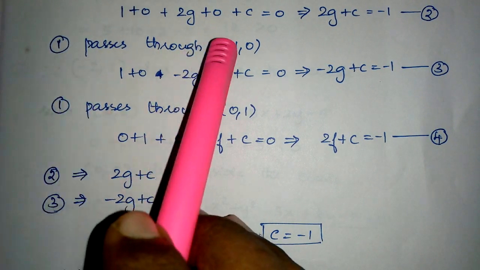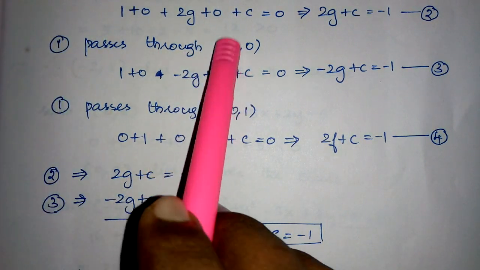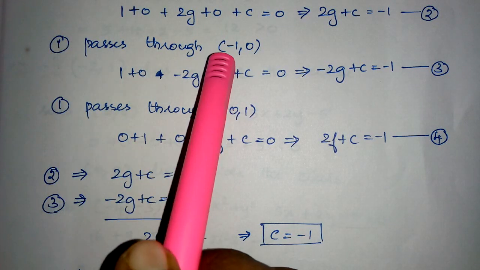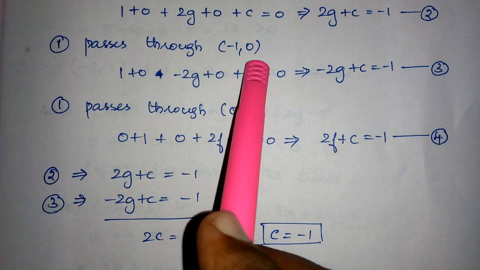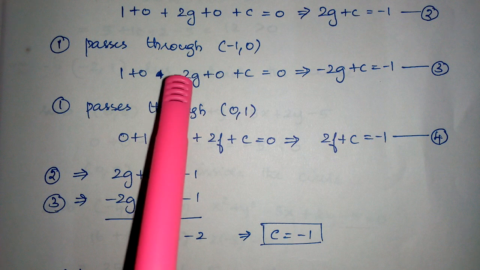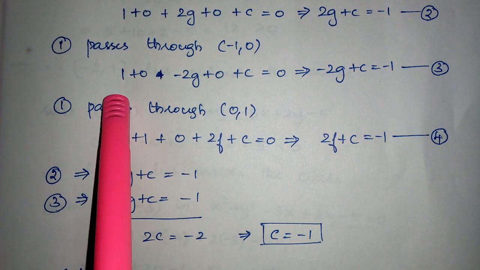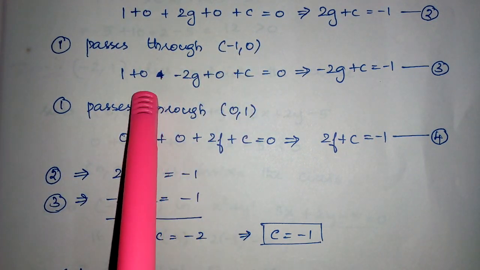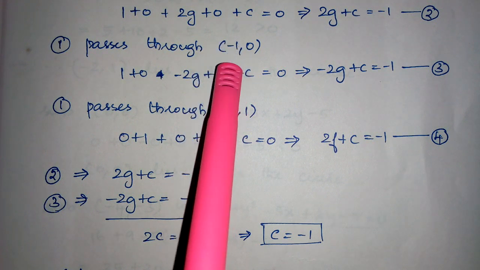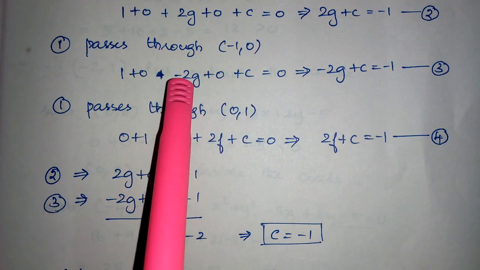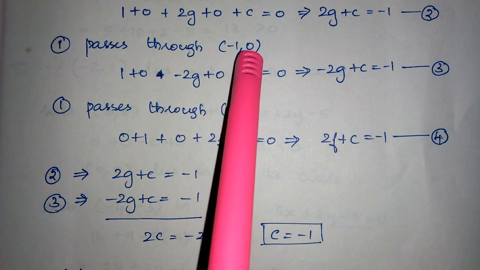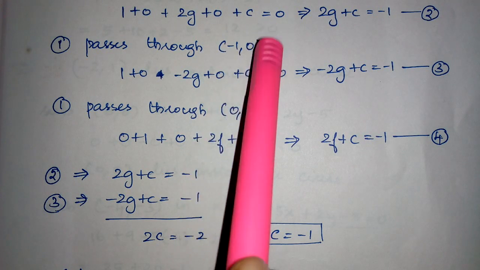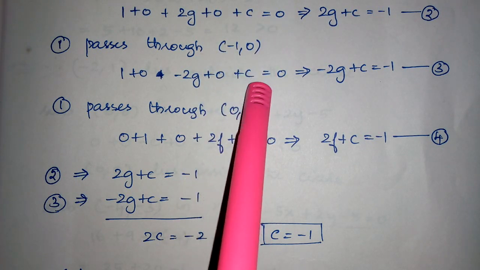Similarly, taking the next point on the circle, (-1, 0) also passes through the equation. So (-1) squared is 1, 0 squared is 0. 2 into g into -1 is -2g, plus 2 into f into 0 is 0, plus c is equal to 0.